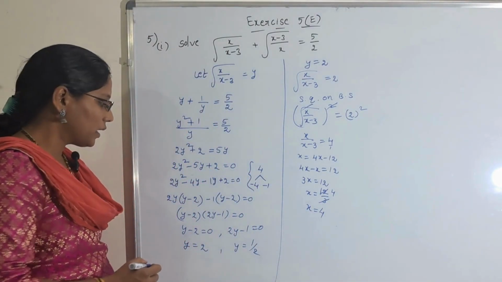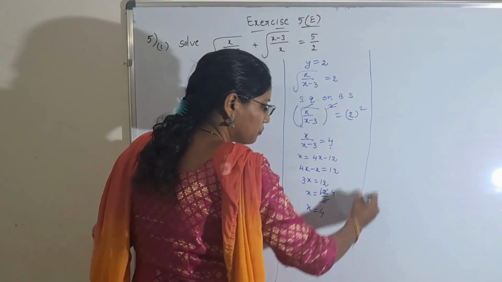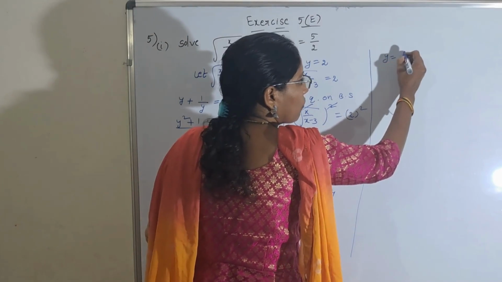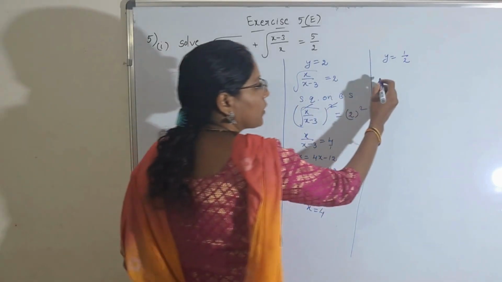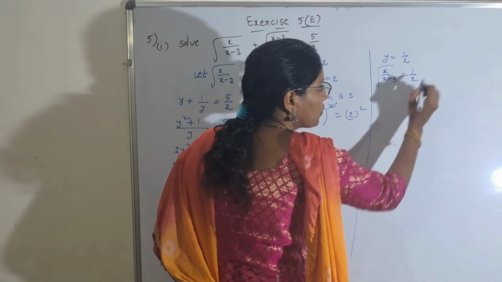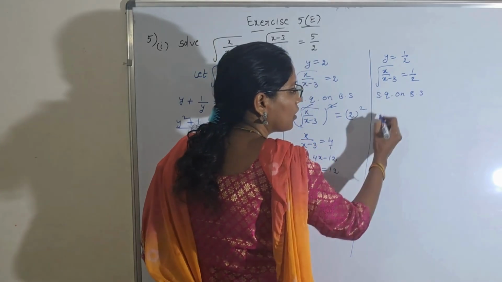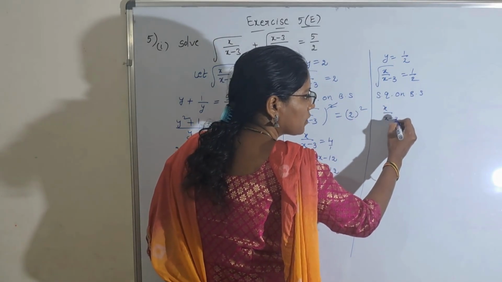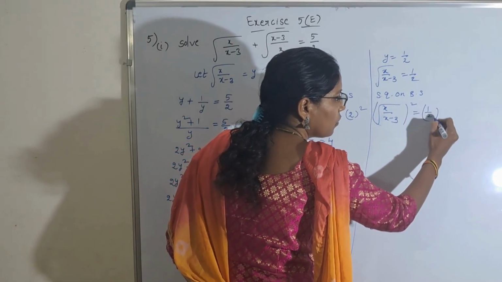This is one value. Next, the second one: y is equal to 1 by 2 we have to take. Y means root of x by x minus 3, so root of x by x minus 3 equal to 1 by 2. Squaring on both sides: x by x minus 3 whole square is equal to 1 by 2 whole square.